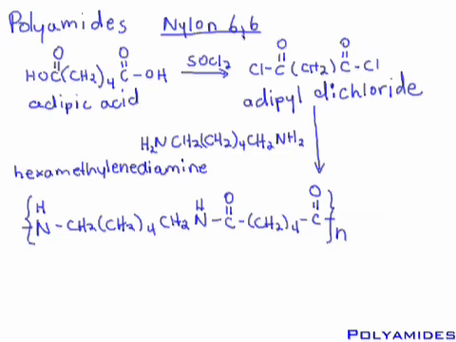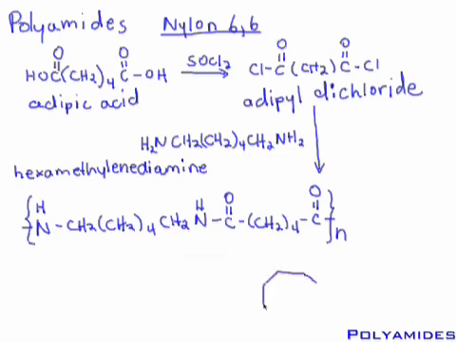Now we can actually make, very readily, a very similar polymer from the molecule hexanyl 6-lactam. Now if you think about it, a lactam has an amide. It's like a cyclic ester.